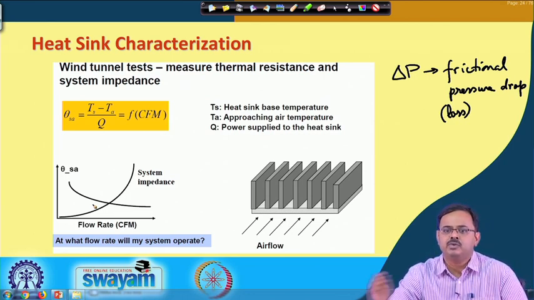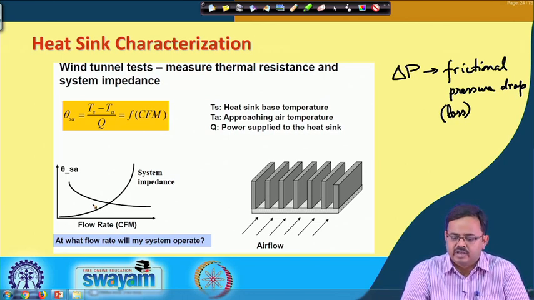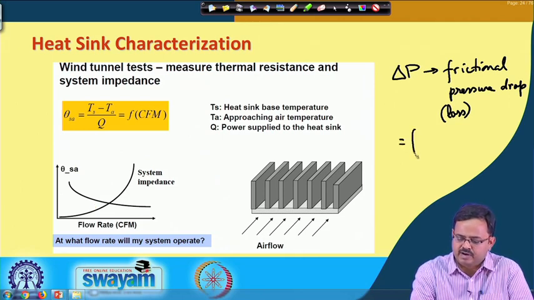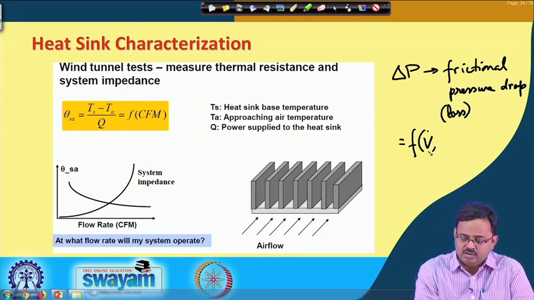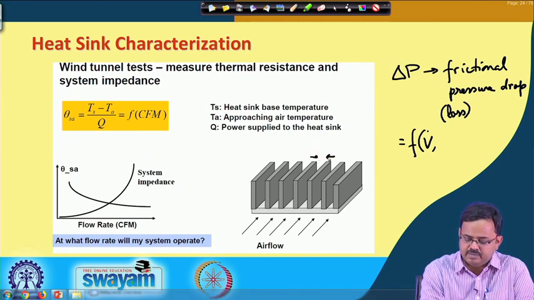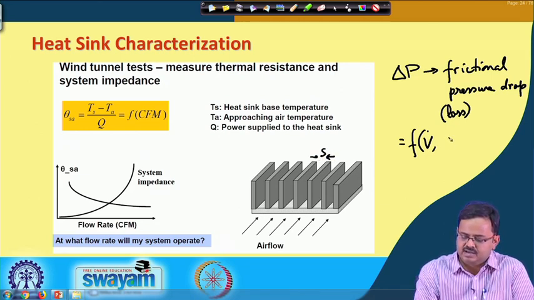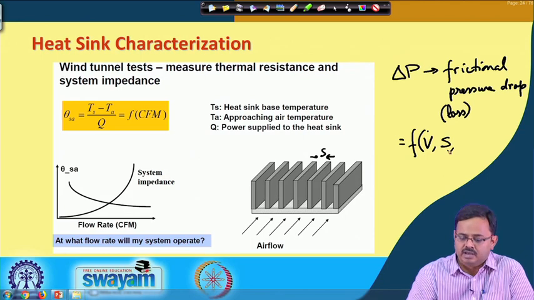What is this delta P going to depend on? For a given velocity, of course, it is going to be a function of flow rate or velocity. What else? If I say the spacing between the fins is S, it is going to depend on S. If I say the height of the fin is H, it is going to depend on H.